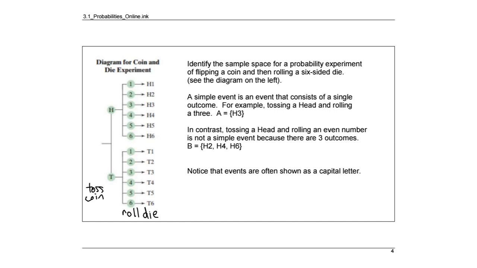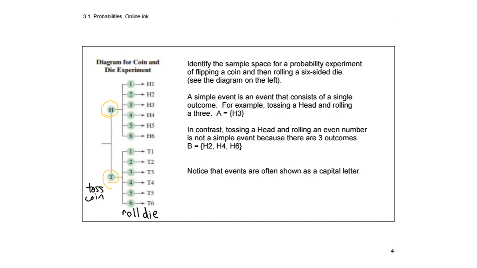All right, so let's try another one. For this one, we're going to toss a coin, and then we're going to throw one die, a 6-sided die. So when we toss the coin, we are either going to get heads or we're going to get tails, right? So let's say we get heads. Now that we've tossed the coin and we got heads, we're going to toss the die, and we have 6 different choices.